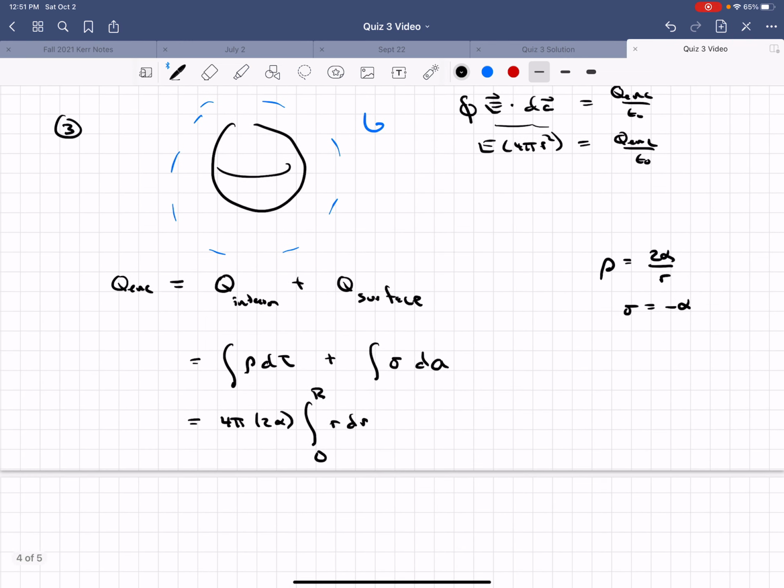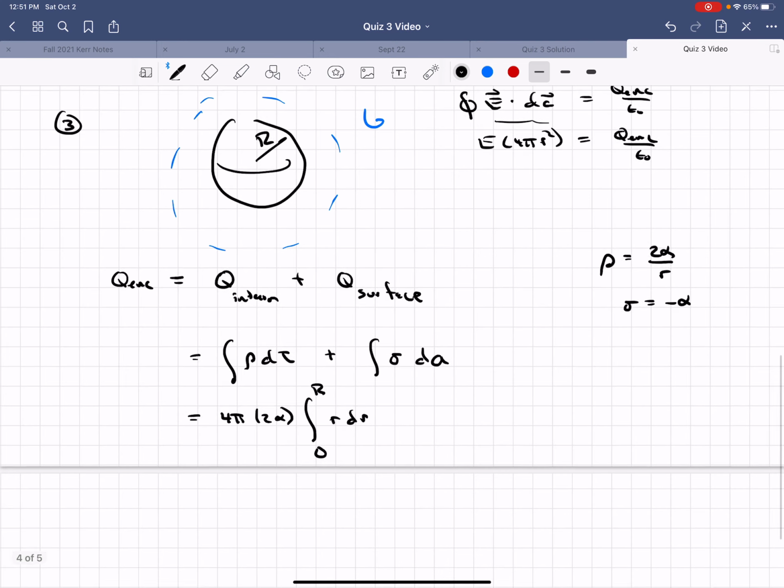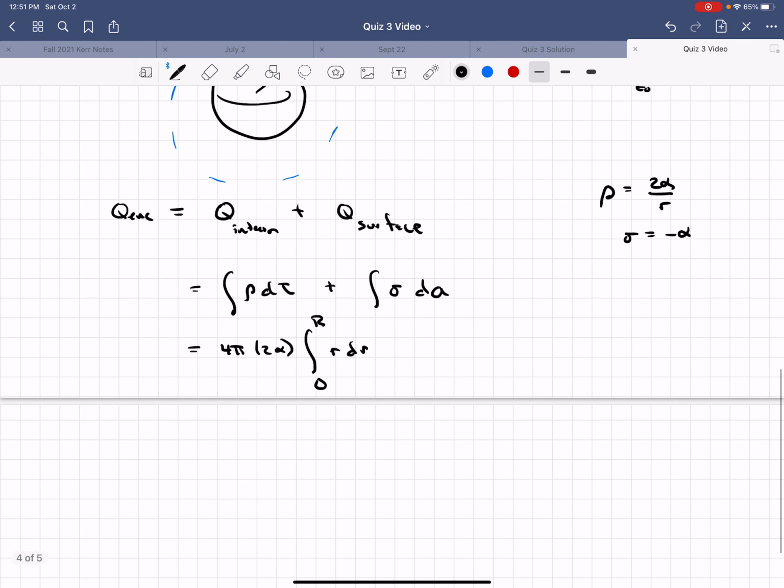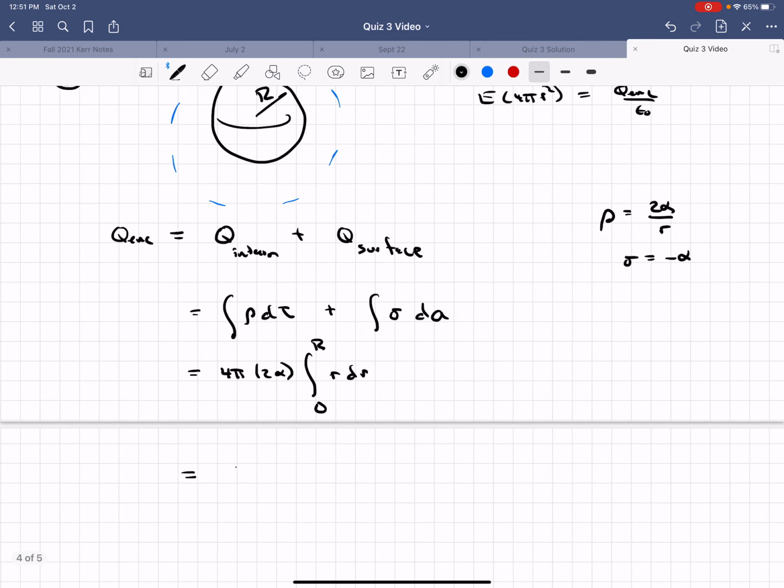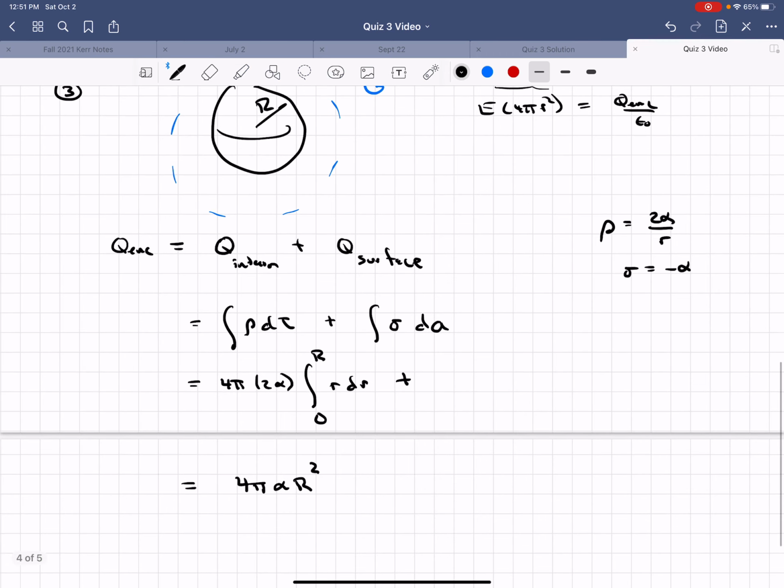Once I'm on a Gaussian surface outside the sphere, I stop this integral at capital R. So the amount due to the interior works out to be 4 pi alpha capital R squared.